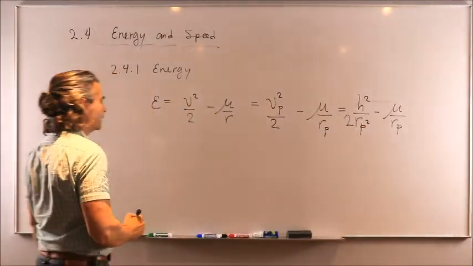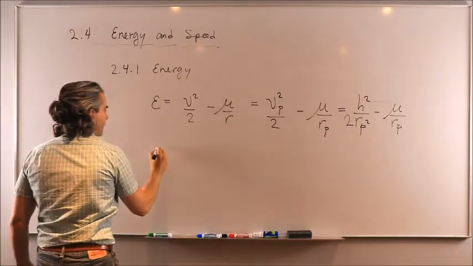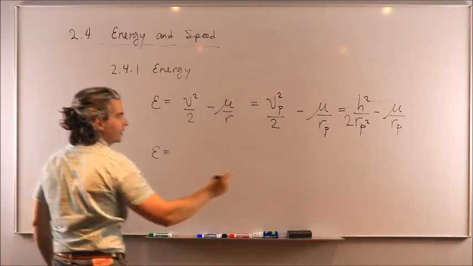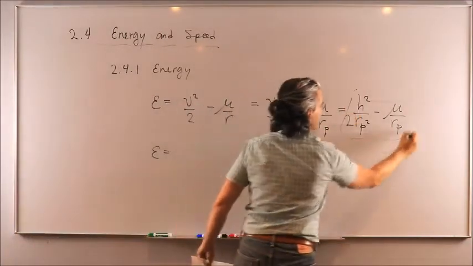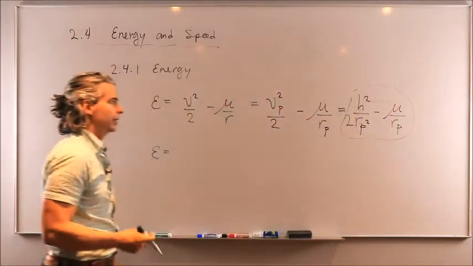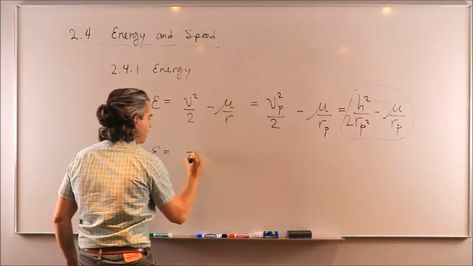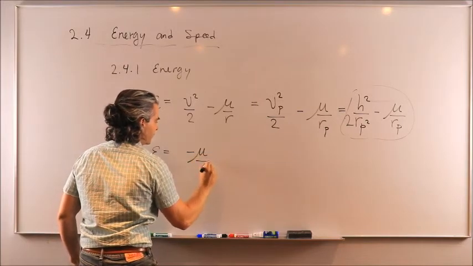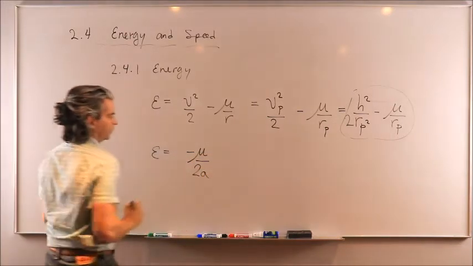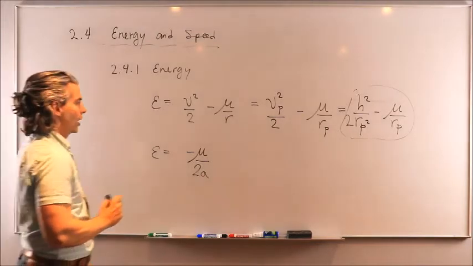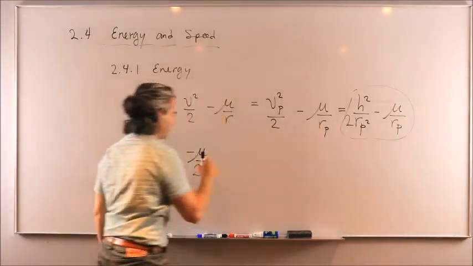Great. And it turns out that this expression for the orbital energy evaluated at the perigee can also be rewritten as minus mu over 2a. So how to go from here to here?